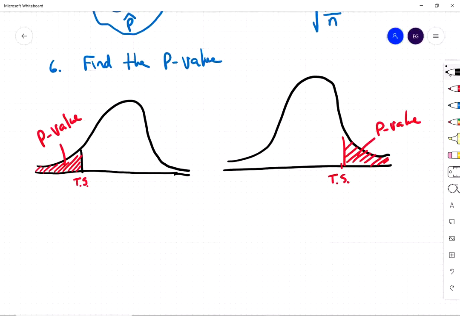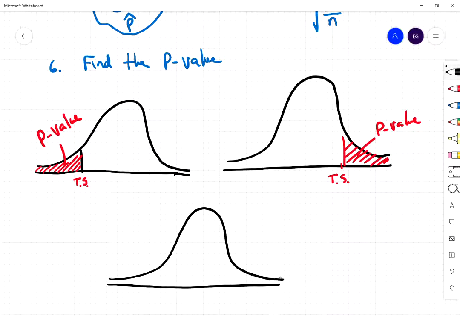Now, if it's a two-tail test, and remember, this is based on what the alternate hypothesis is, then the test statistic is either going to be positive or negative. It's not both. There's only one test statistic. So if it's on the right, we look at the area on the right.